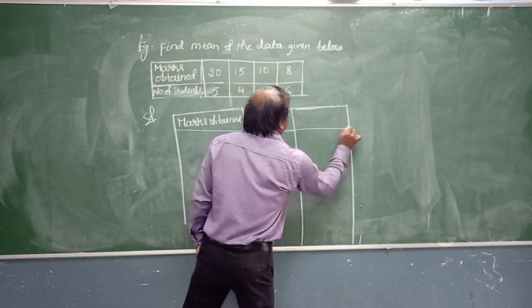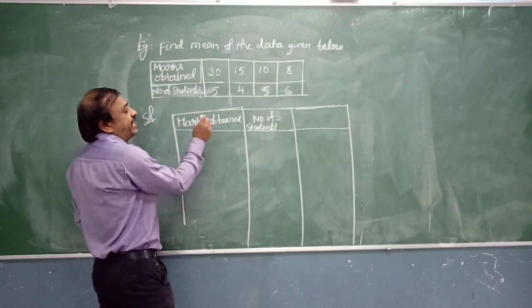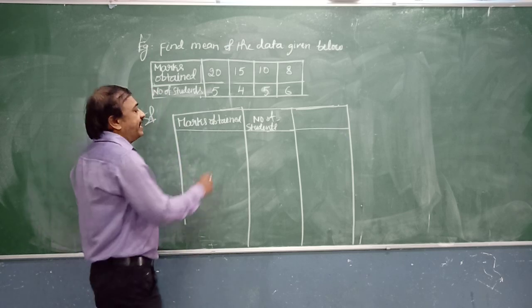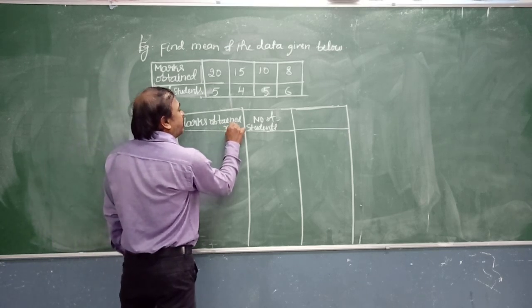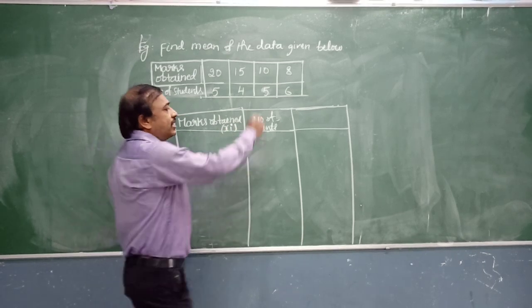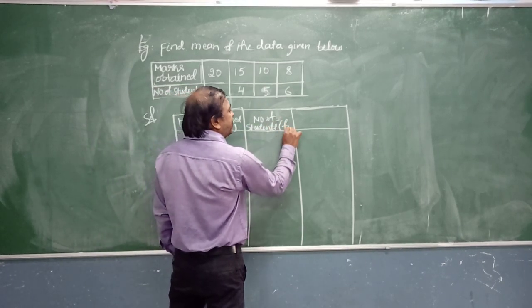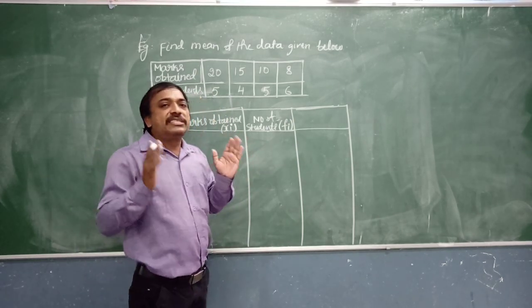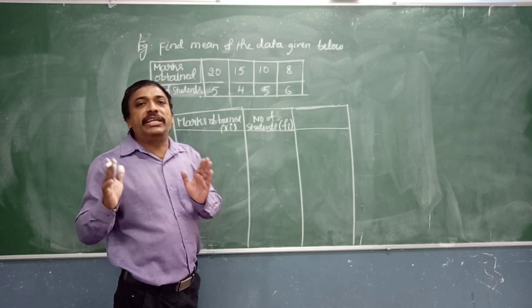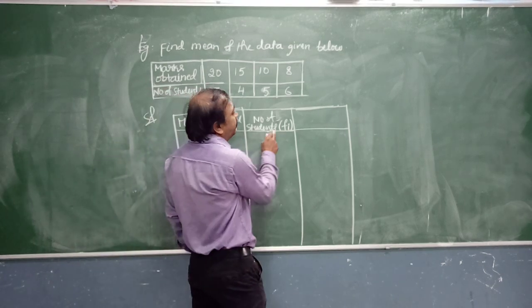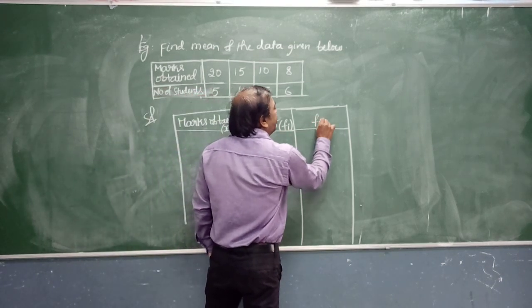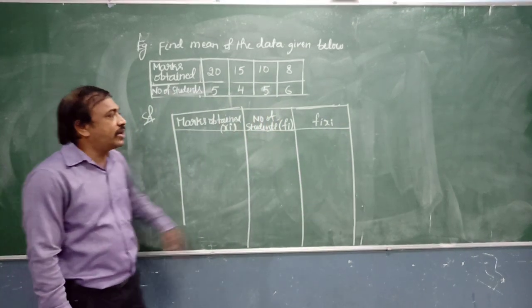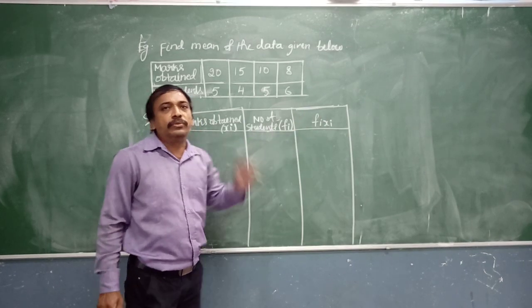Here, marks obtained are the observations, which we denote with xi, or shortly x. Number of students comes under frequency, so this is fi. In the formula we have sigma fx or sigma fi into xi, so the product of these two, fi into xi, or shortly fx.